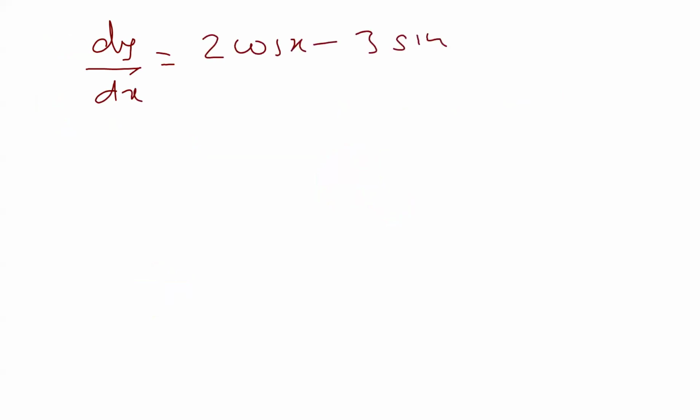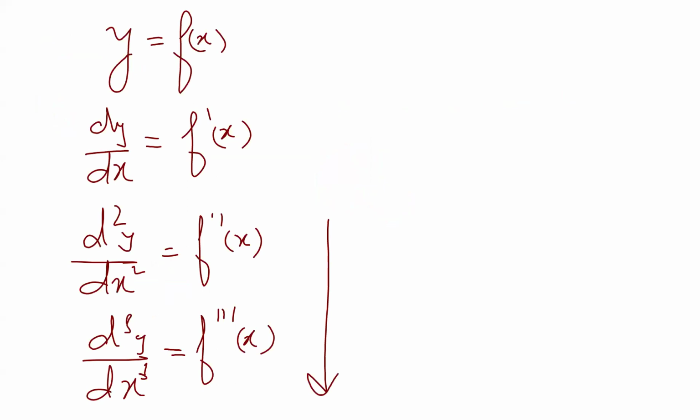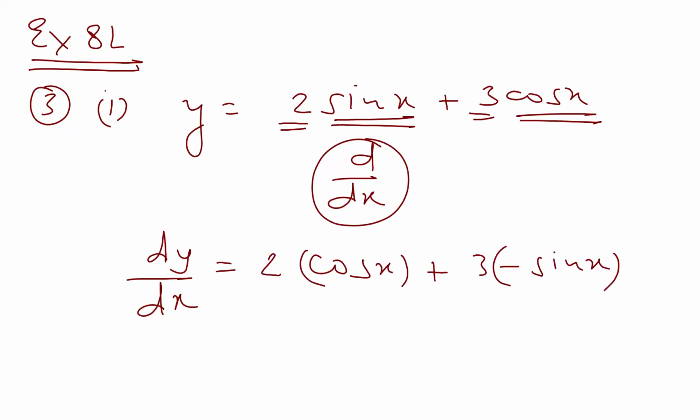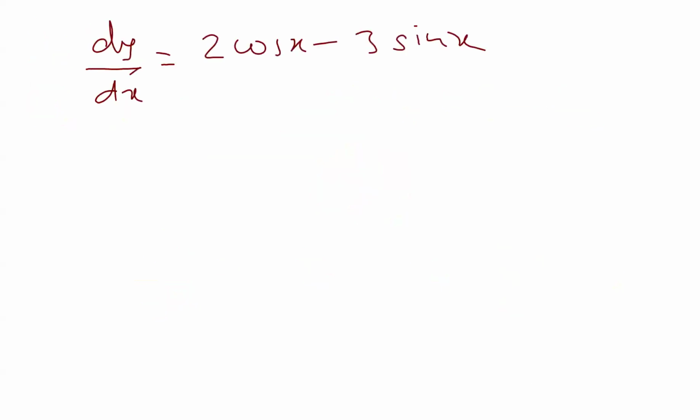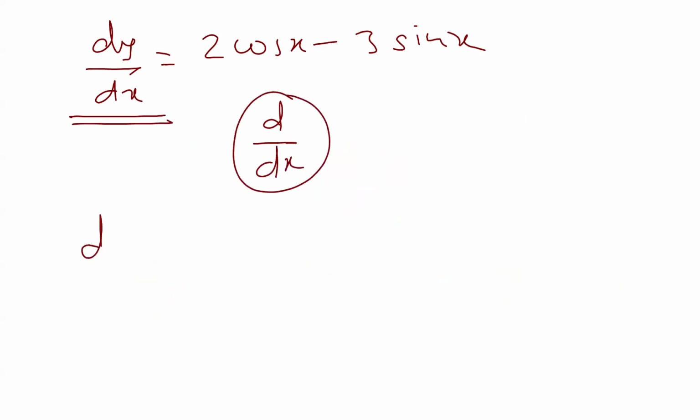So this plus 3 into minus is minus 3. Now in the proof they have used d square y by dx square, so we'll derivate this once again. The derivative of dy by dx, once again, is d square y by dx square. This is the second order derivative. 2 will remain as it is.